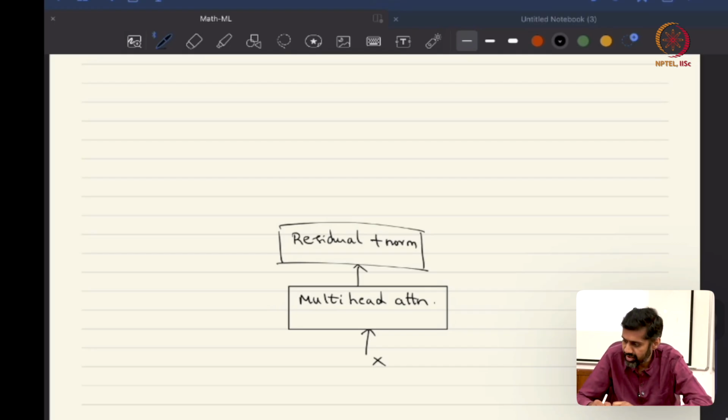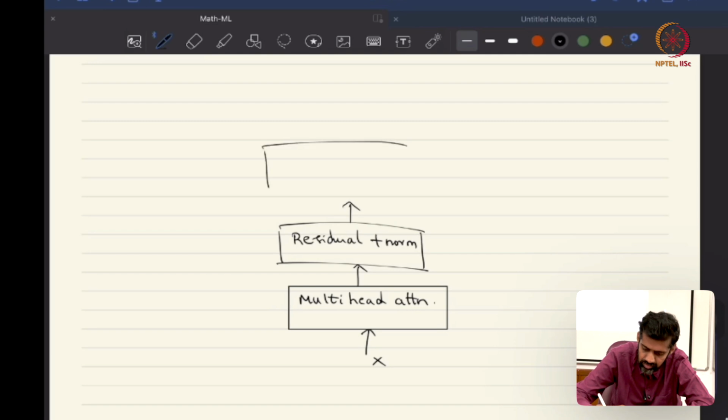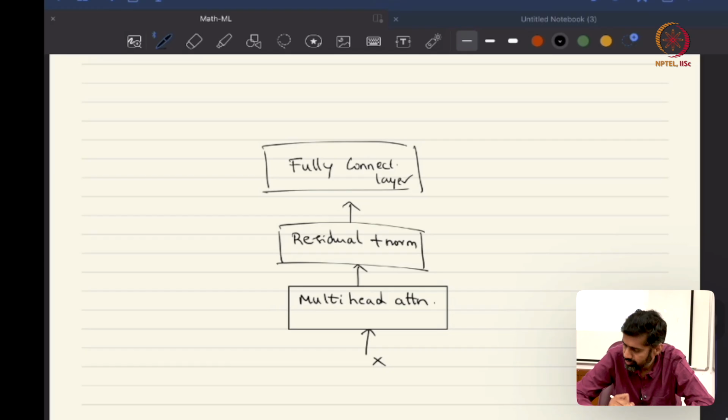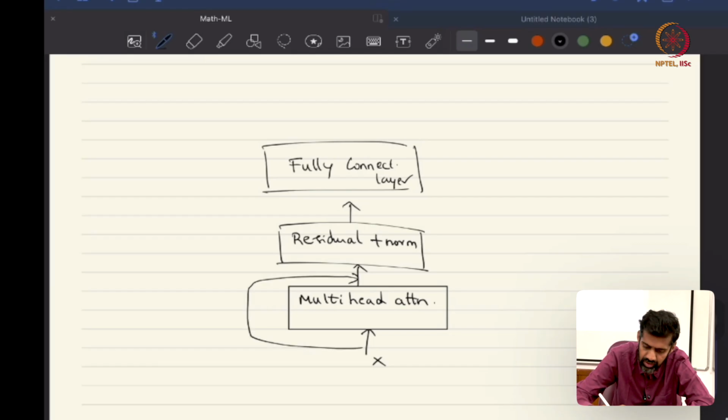And then you have a fully connected layer. To get the residual you need this skip connection also. It is done this way, and then finally you have a linear plus softmax.